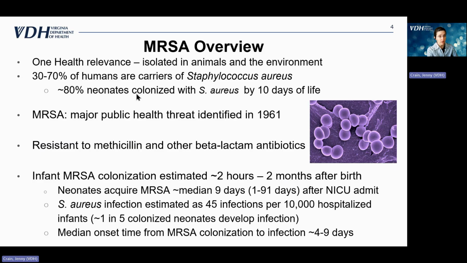So some of this specific background information we have added to this presentation based on doing this use case scenario with live staff here in Virginia. And we got a lot of really specific questions about Staph aureus carriage. So hopefully these background information details will help you as you walk through this scenario.